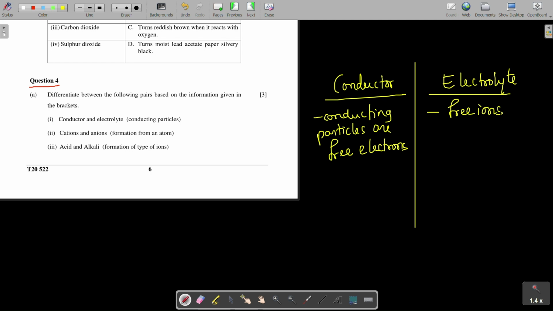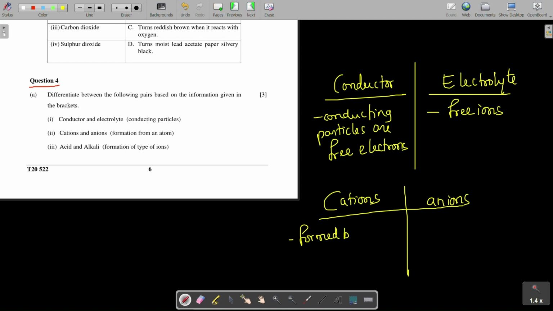Therefore, either in aqueous state or in molten state, only they will conduct electricity. In solid state, the ions are not free. Okay, cations and anions. Formation from an atom means when the cation is formed, when the anion is formed.